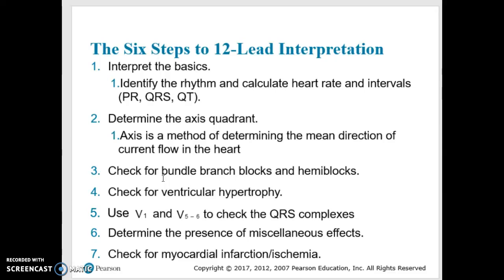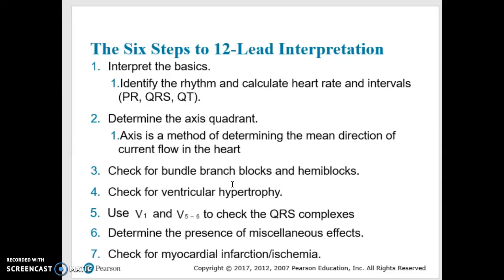Moving on down to step 4, we're going to check for ventricular hypertrophy. Hypertrophy is enlarged tissue. It's overgrown tissue. So when you think hypertrophy, we need to think about something here that's enlarged or thickened. So in step 4, we're going to check for ventricular hypertrophy, and we'll learn how to do that further in this chapter as well.